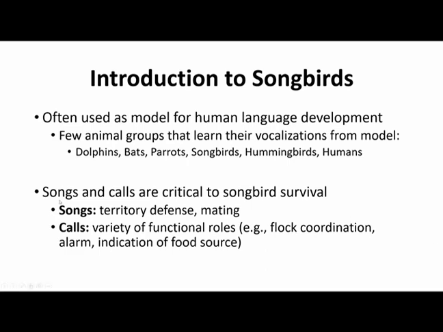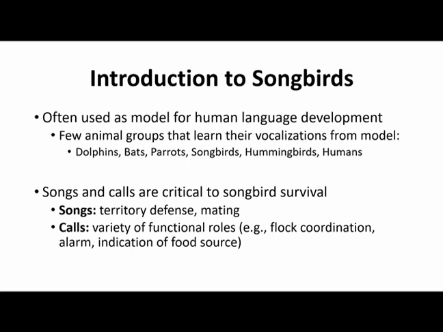And so songbirds produce both songs and calls, and these vocalizations are all critical to their survival, so there's some evolutionary benefit to having them. So songs tend to be used for territory defense and mating. So songs tend to be related to things that are related to survival and reproduction sort of directly.